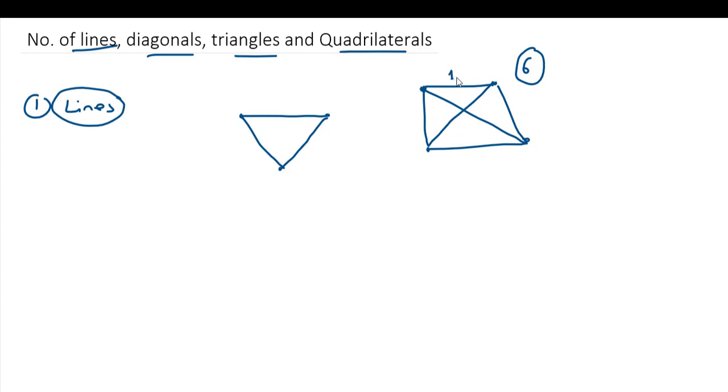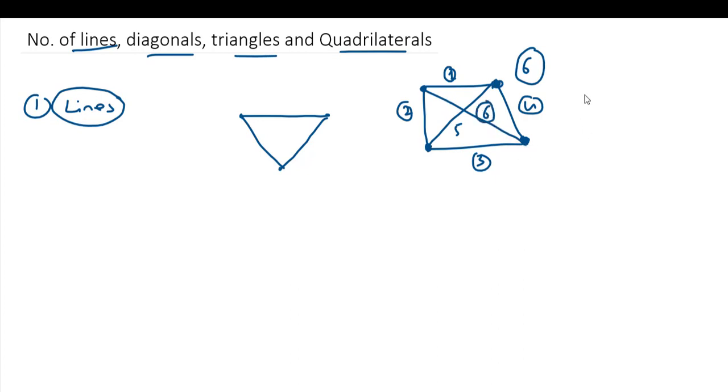For the first line, we took these 2 points. For the second line, we took a group of these 2 points. Then for the third line, the fourth line, the fifth line and the sixth line, we again took a group of 2 points each.